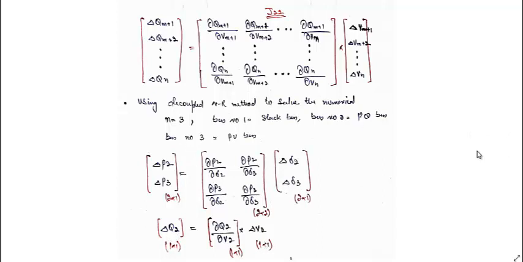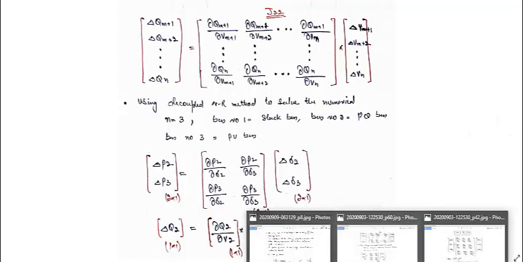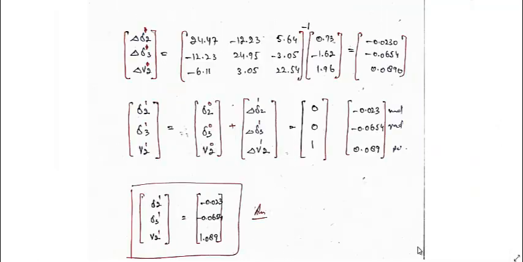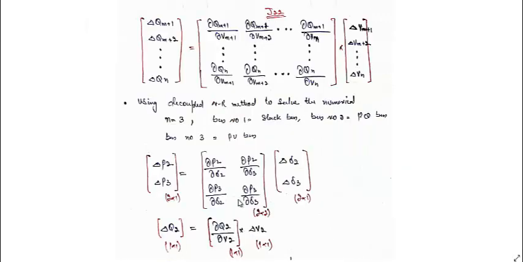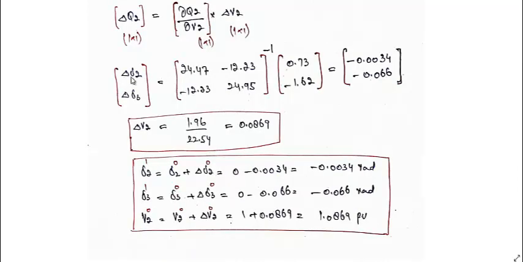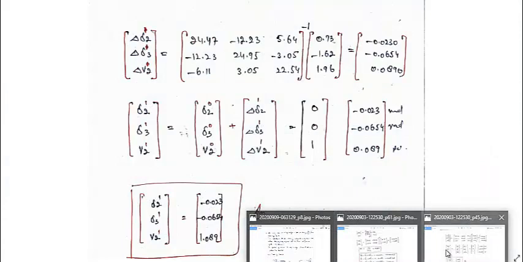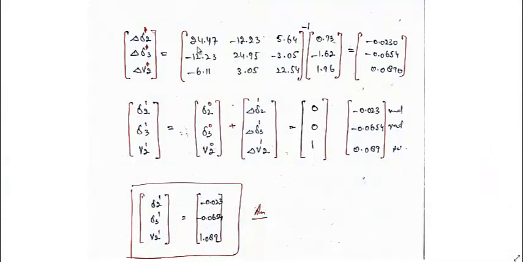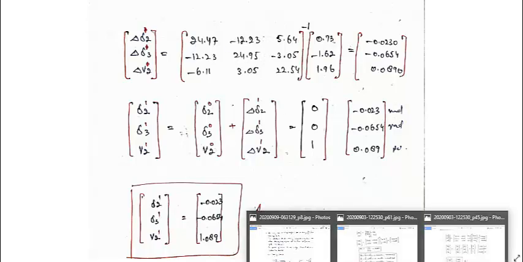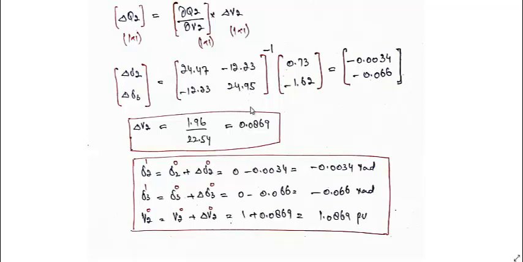Now, given the values which we have already calculated from the previous numerical, this is delta P2 by delta delta 2, this is delta P2 by delta delta 3, delta P3 by delta delta 2, delta P3 by delta delta 3. When we put these values in these matrices, the four elements of this matrix will be there.